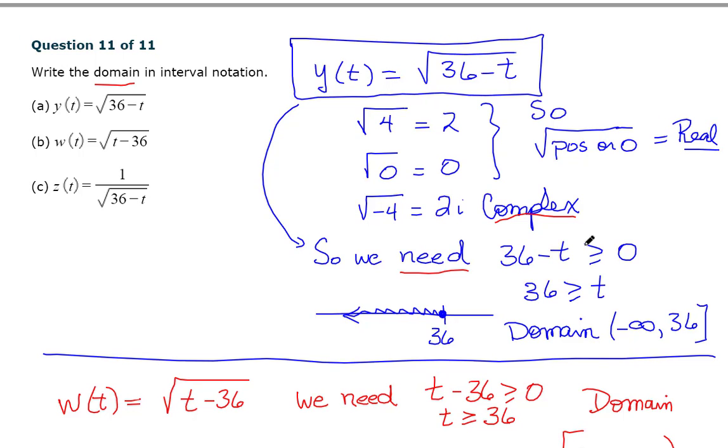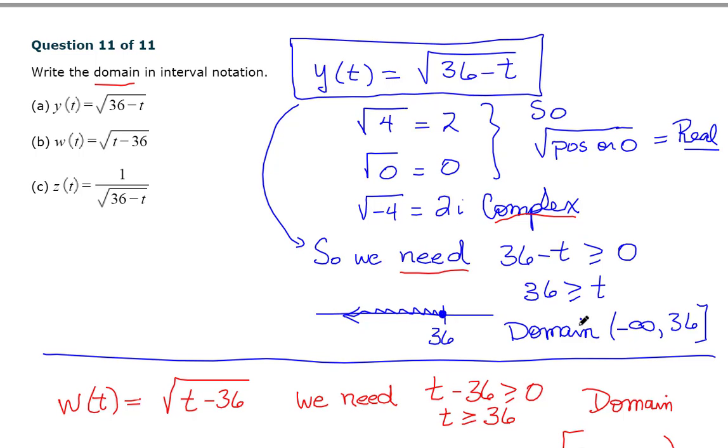That says all the numbers 36 is greater than or equal to those numbers. So that's a closed dot at 36. Which way do I shade? Pick a test value like 35, and 36 is greater than or equal to 35. So I can use 36 and everything under it.